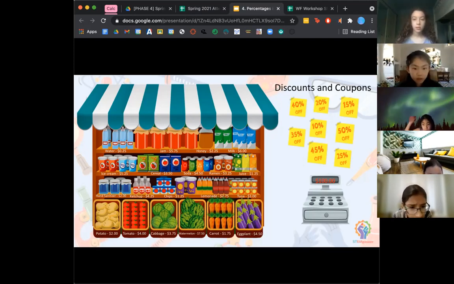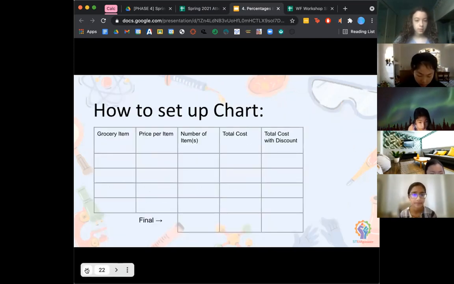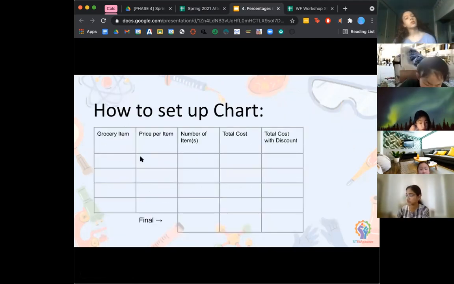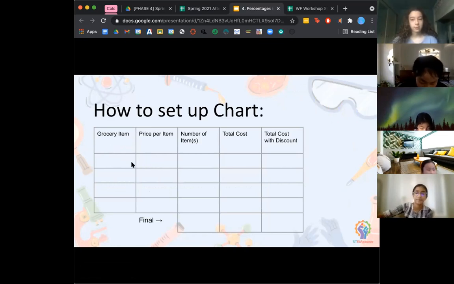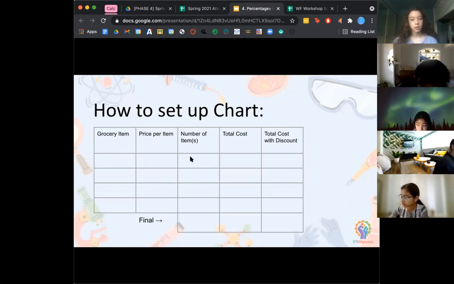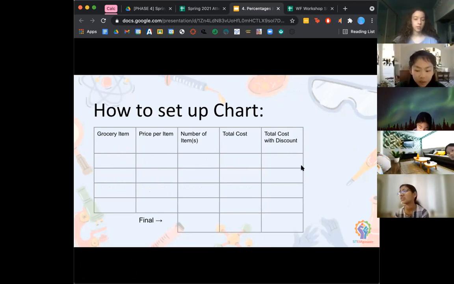Christy, do you have a question? Where do you write it on? Okay, so let me show you the chart again. You're going to write your grocery item, like let's say I was buying water again. I would write water right here, and then price per item is $0.25, and then number of items, however many you want, and then total cost is 0.25 times however many water bottles you're buying, and then you apply your discount, and you find your total cost with your discount.